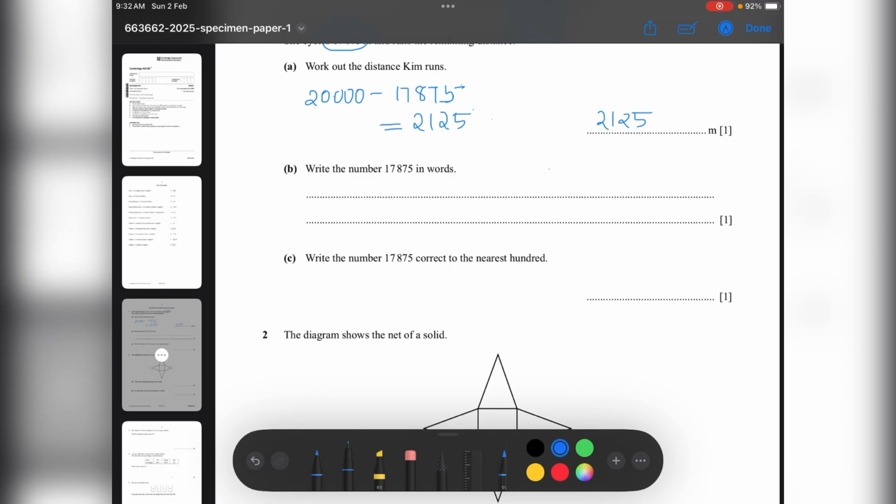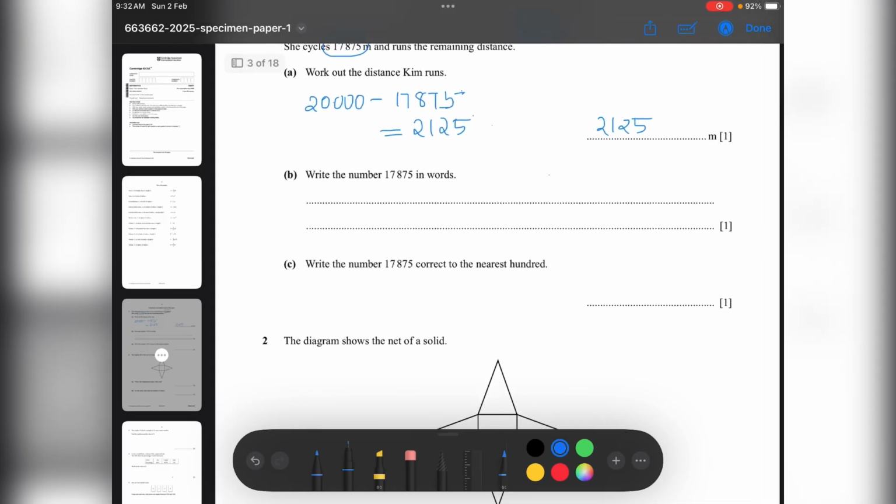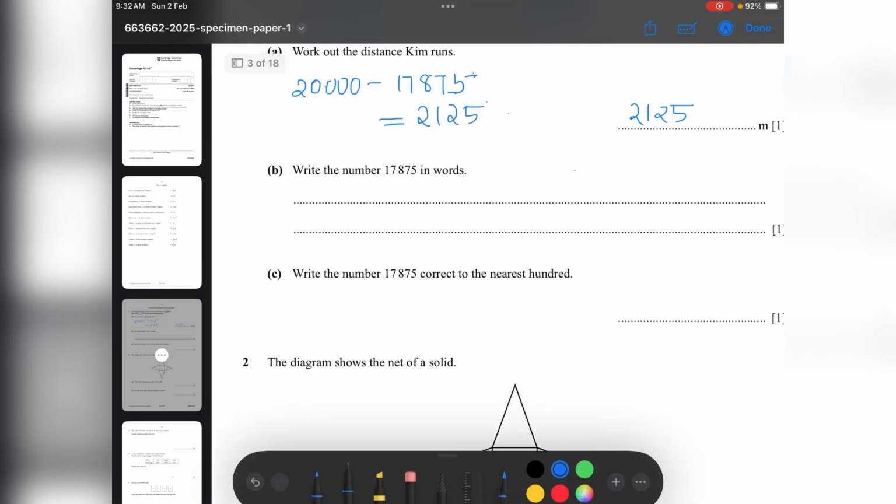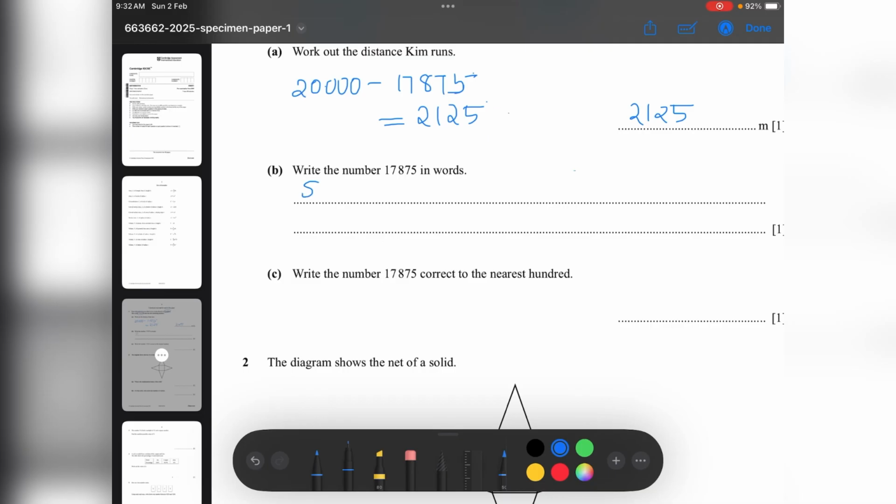So we'll write it down: 17,800 and 75. Okay.